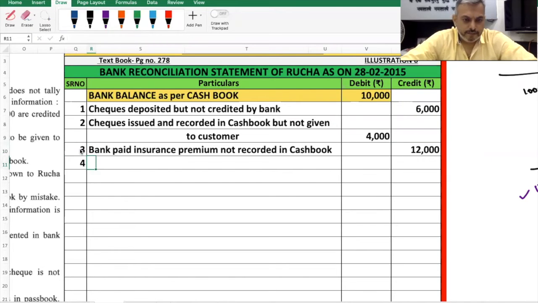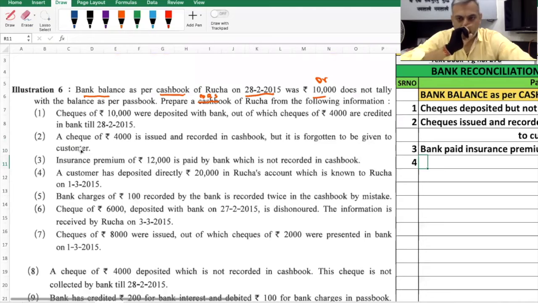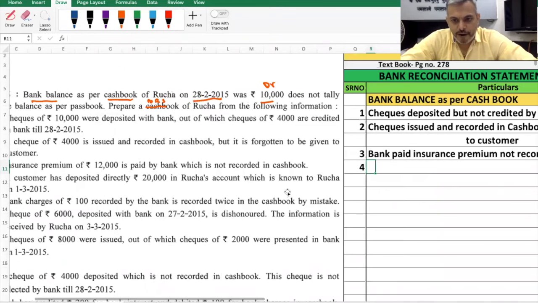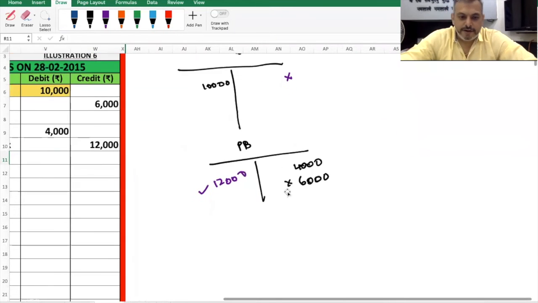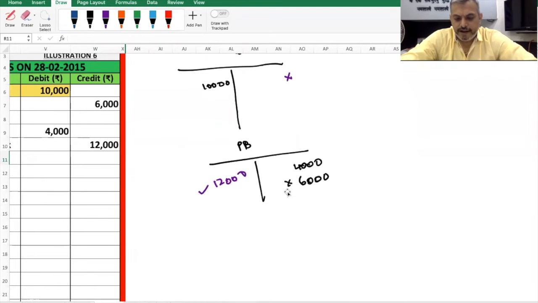Fourth, a customer has deposited directly 20,000 in Rucha's account, which is known to Rucha on 1/3/2015. That is, in the month of February, a customer has deposited a check of rupees 20,000 to Rucha's account.